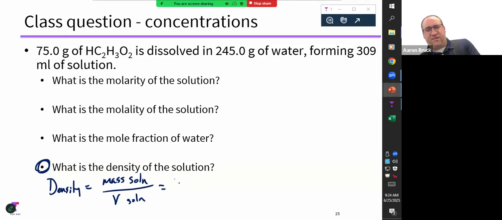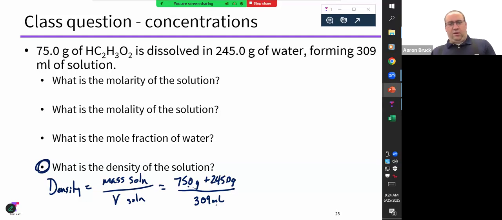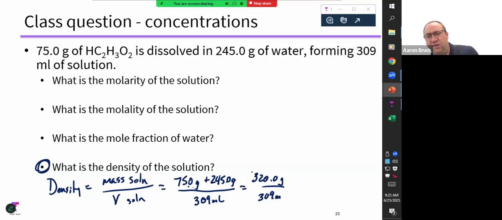The mass of the solution is 75 grams of acetic acid and 245 grams of water, all in 309 milliliters. 75.0 plus 245.0, we have 320.0 grams in 309 milliliters. So to 3 sig figs, that would be 1.04 grams per milliliter.